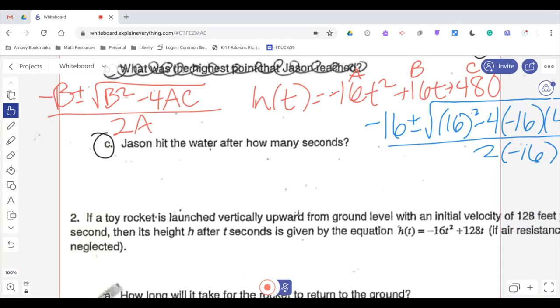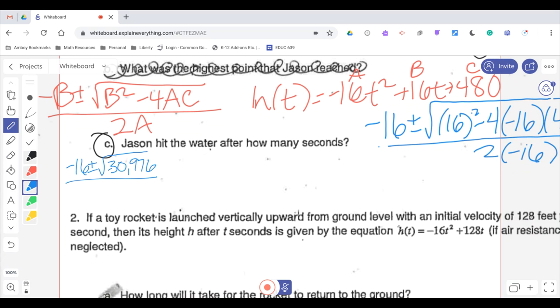I end up with negative 16 plus or minus the square root of 30,976 all over negative 32. That's not a negative 30, by the way, my pen just didn't quite write it. I don't know if that has a square root, but I'm going to check it out.